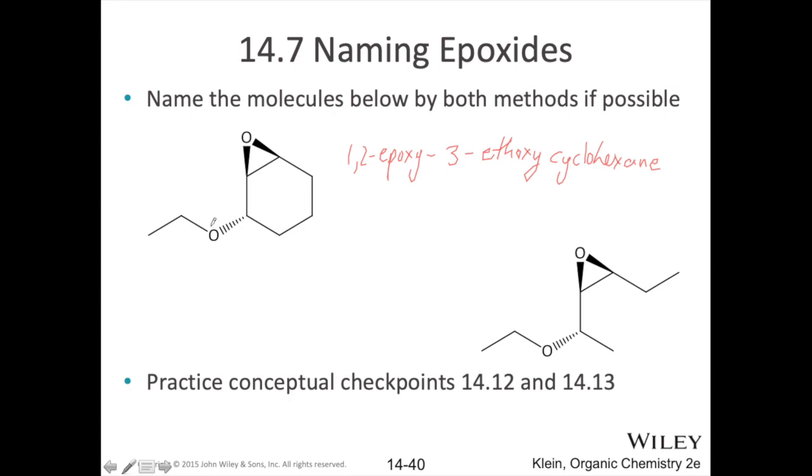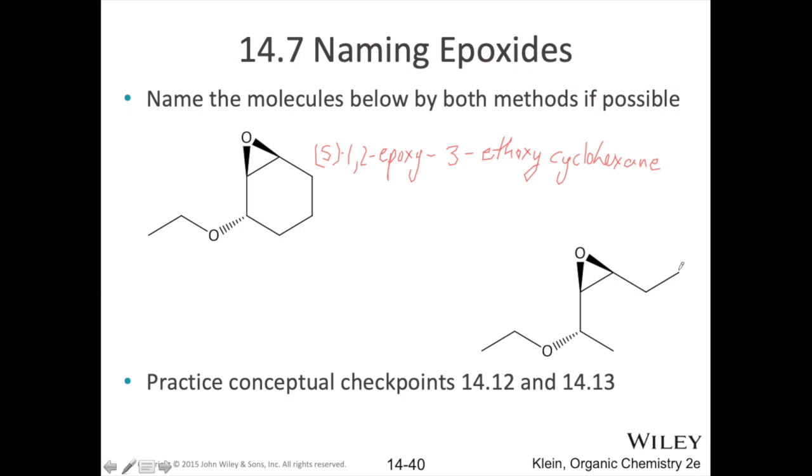So looking at it this way, it seems to go clockwise, but remember, we're looking at this backwards. The hydrogen's pointing towards us instead of away from us. So it's actually counterclockwise if we're looking from the opposite side. So this would be the S, using the Cahn-Ingold-Prelog system. Okay. All right.